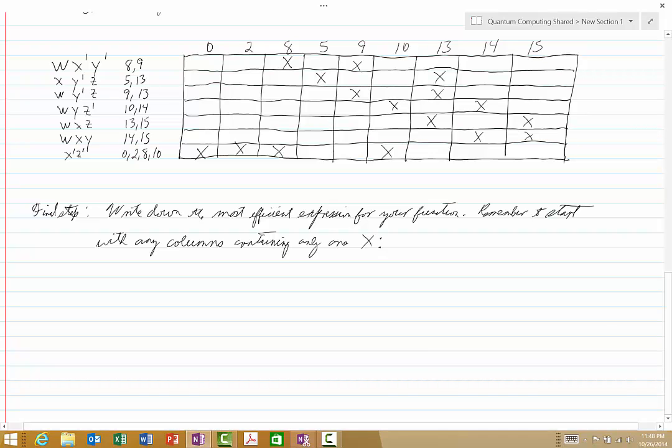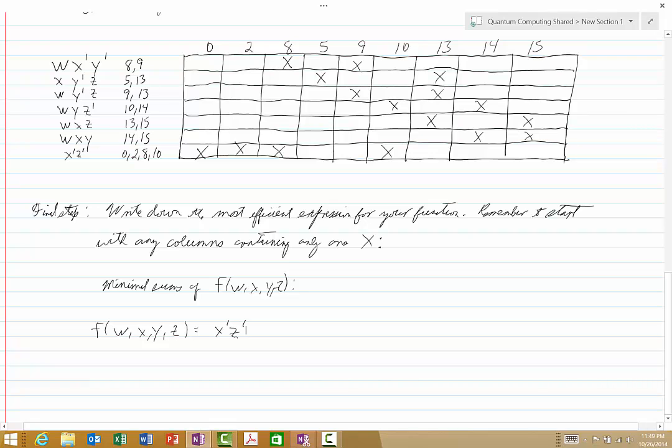And by the way, for those of you who are familiar with this terminology, what we are finding here is minimal sums of f of w, x, y, z. And so we'll have f of w, x, y, z is equal to x prime z prime. We start with that.